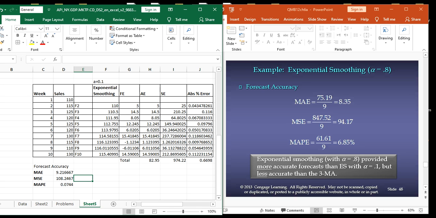So comparing this one with the other one, this is the best actually. The model that we established and forecasted with alpha equal to 80% here is better than the model that we have been through.